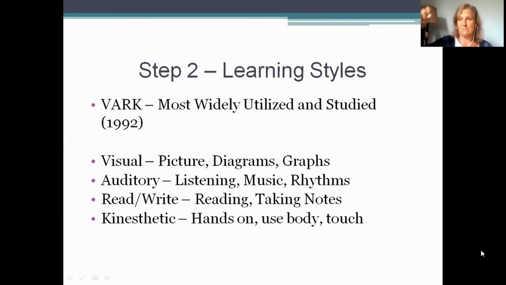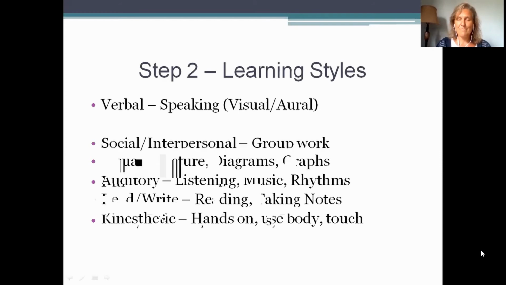I would run spelling drills and vocabulary drills while they bounced on there. Amazing, right? Because of that hands-on body touch. And you can incorporate the kinesthetic so much easier when you're homeschooling your children. It's outstanding.